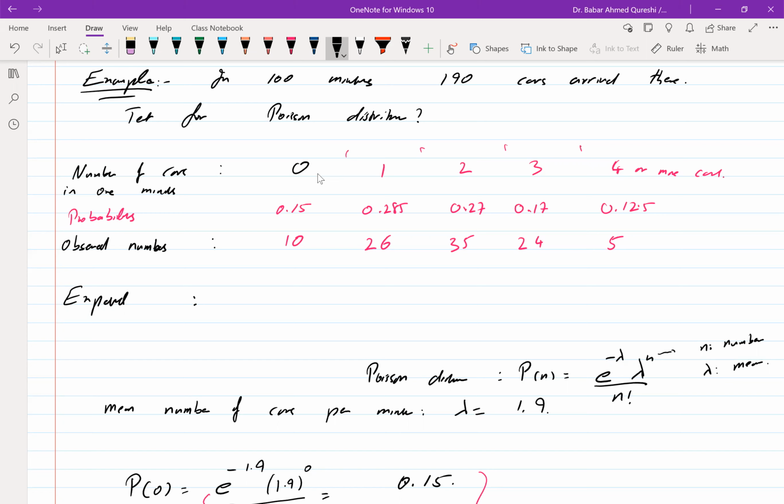So 28.5, 0.285, 54.15, 0.27, 51.3, 0.17, 32.3.